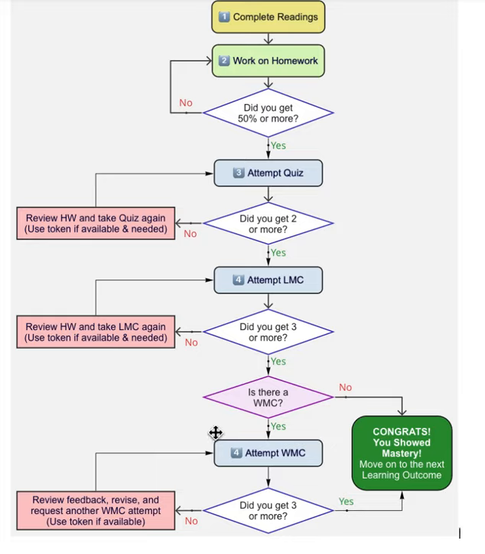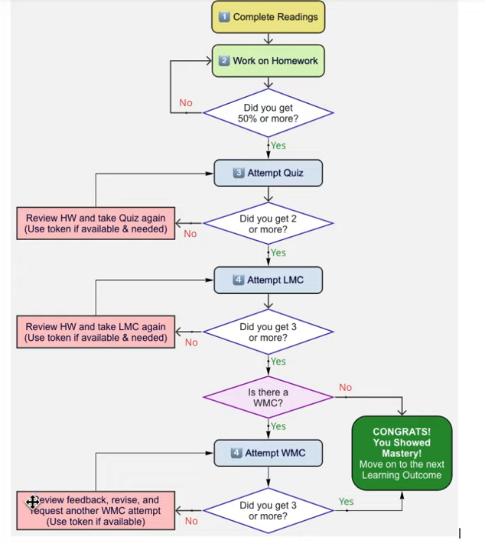As you work on that writing mastery check, make sure you look at that scoring guide and that rubric to make sure that you are meeting all of the criteria to be able to earn mastery on that written mastery check. If you get 3 or more on that one, then you are done with that learning outcome completely.